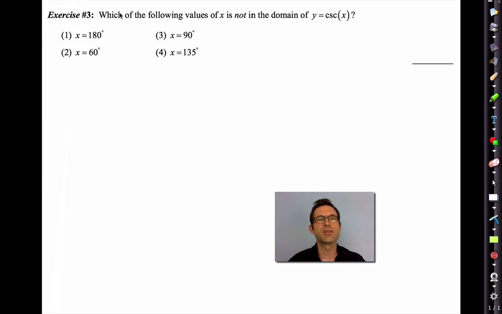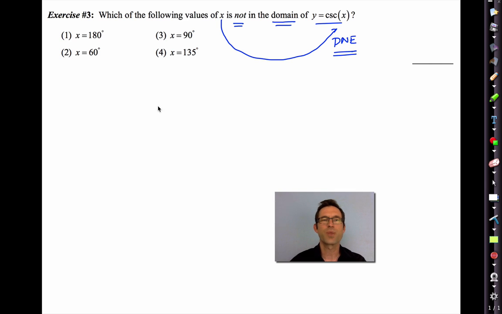So exercise 3 says, which of the following values of x is not in the domain of cosecant x? In other words, which of these values of x, if I try to plug it in there, will make cosecant not exist? Well, let's take a look at something. Cosecant of x is 1 divided by sine of x.